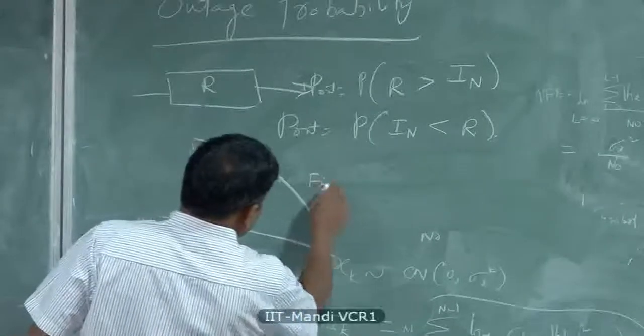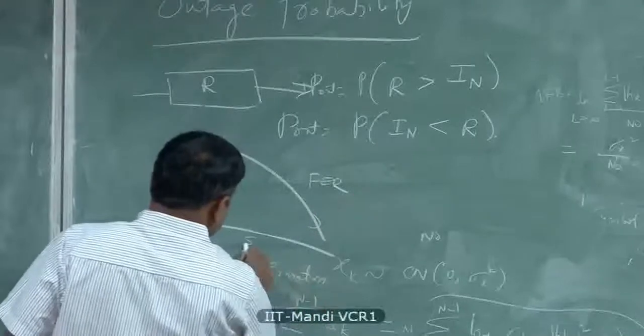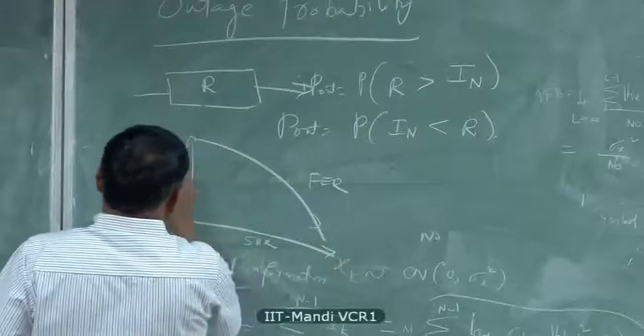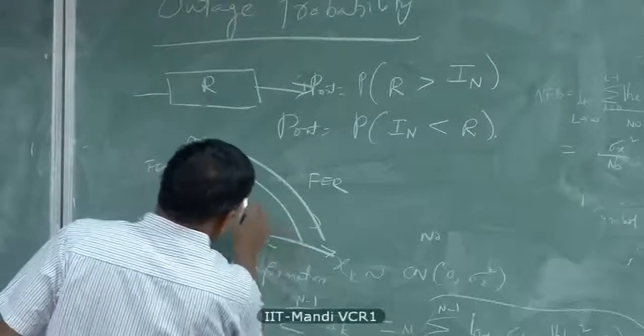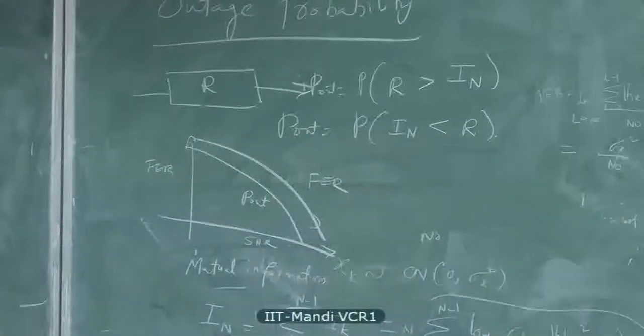This is the frame error rate for a code with rate R, and this is the SNR. This is the frame error rate, and the outage probability is a lower bound on the frame error rate. Okay, this comes from information theory.